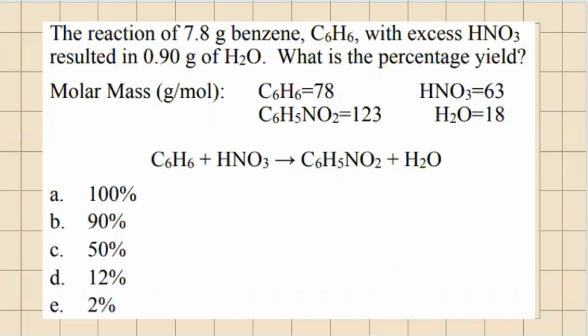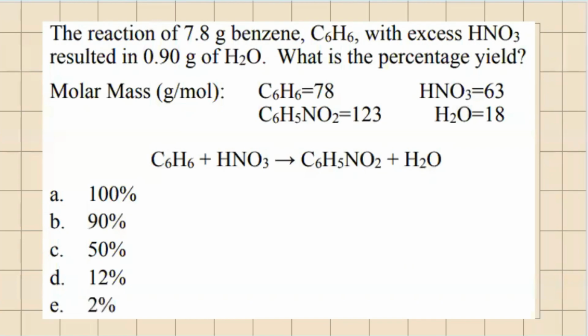This is another question. The reaction of 7.8 gram of benzene, C6H6, with excess HNO3 resulted in 0.90 gram of H2O. What is the percentage yield? You have the molar mass of the reactants and products here, and the chemical reaction is given. Then you can calculate the percentage yield.